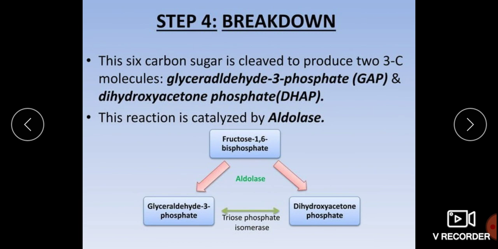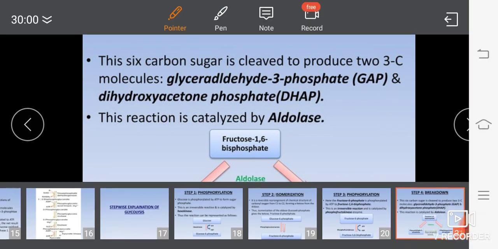Fourth step, breakdown. The 6 carbon containing molecule, that is fructose 1,6 diphosphate, gets split or cleaved into two 3 carbon containing molecules, that is glyceraldehyde 3 phosphate, that is GAP, and dihydroxyacetone phosphate. These two compounds contain 3 carbon each and 1 phosphate each.